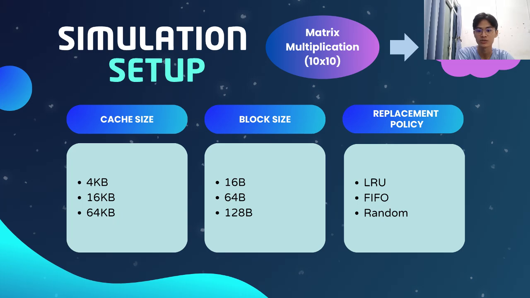For the cache size, we use 4 KB, 16 KB, and 64 KB. For the block size, we use 16 byte, 64 byte, and 128 byte. And for the replacement policy, as we mentioned earlier, we use LRU, first in first out, and random. This allowed us to compare the different configurations and see how they affect the hit rate, miss rate, and overall memory access performance.